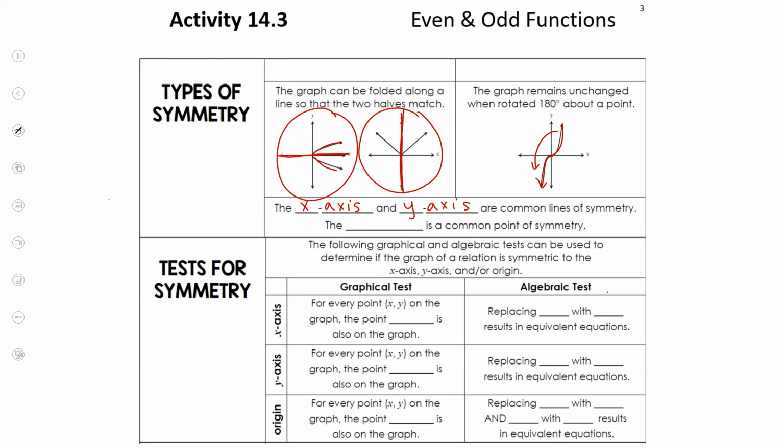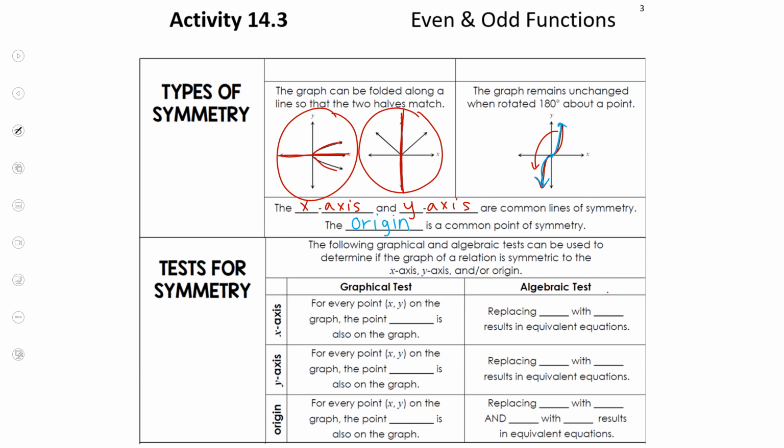If this one down here, if you rotate it 180 degrees, it'll be looking like that. And it looks exactly the same. So if it remains unchanged when you rotate the graph, that means it'll be symmetrical about the origin. So the origin is a common point of symmetry as well. So those are the three types of symmetries you'll see: x-axis, y-axis, and the origin.